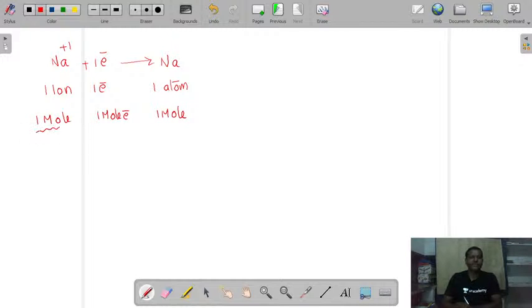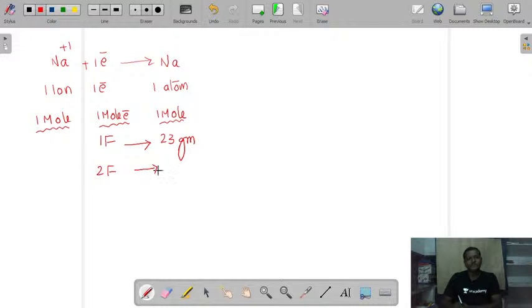To reduce 1 mole of sodium ions, how many moles of electrons are required? 1 mole of electrons. What is the charge of 1 mole of electrons? 1 Faraday. 1 Faraday current deposits 1 mole of sodium. The gram atomic weight is 23 grams. So 1 Faraday current deposits 23 grams of sodium.